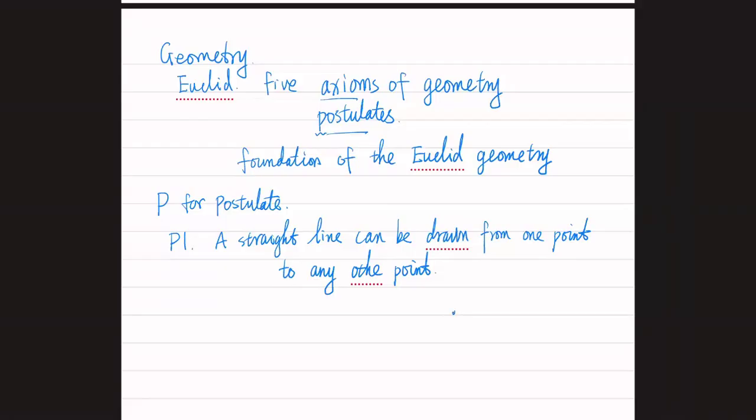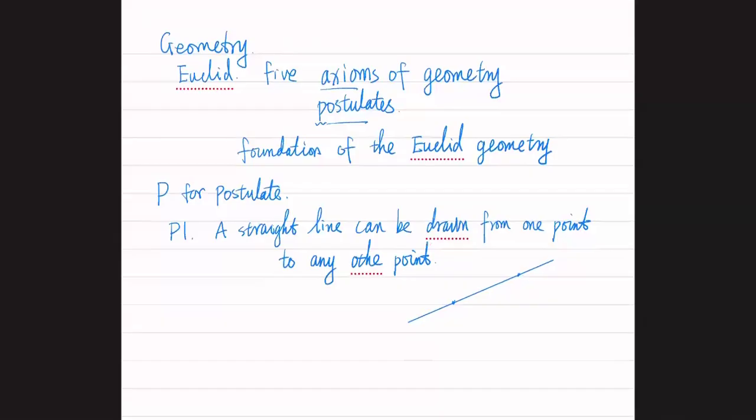You give 2 points, you can draw a line going through both of them. So in other words, we can say there is a unique line passing through any 2 points.